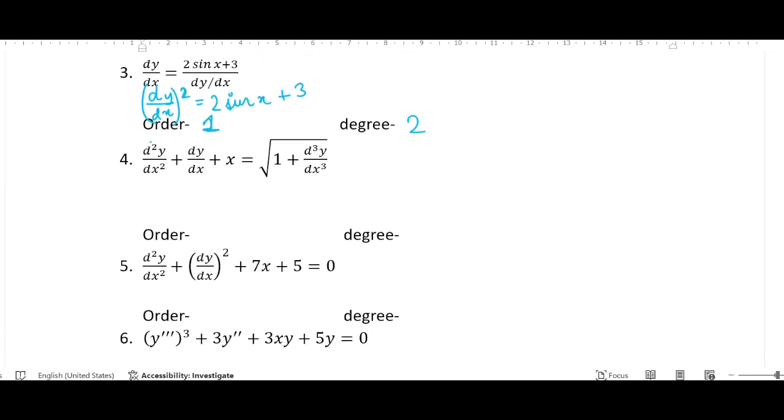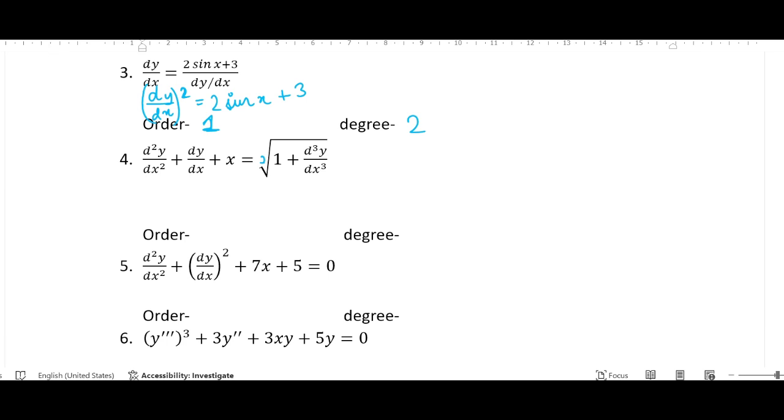dy by dx, d square y by dx square plus dy by dx plus x is equal to under root 1 plus d cube y upon dx cube. So let's see. D square y by dx square, dy by dx and x, they all are normal, but on the right hand side of the equal to sign you can see an under root sign. That means it's the square root, right?